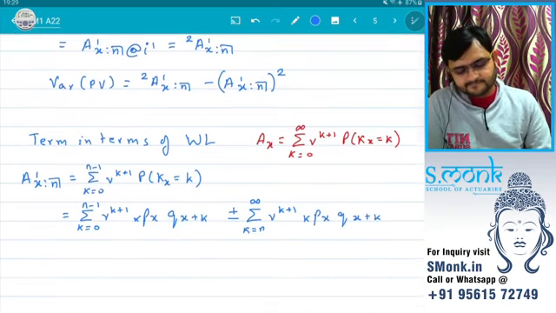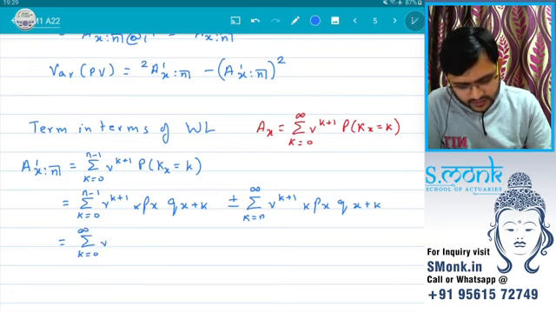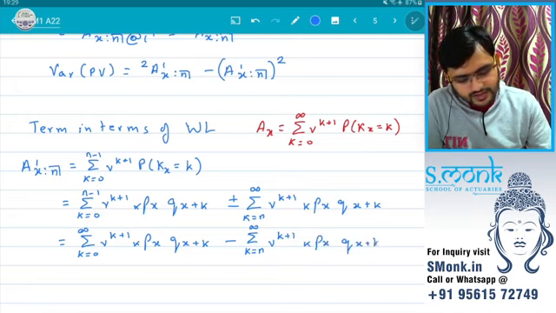Taking the addition, I get summation k equal to 0 to infinity, v raised to k plus 1, kpx qx plus k, and then I'm left with minus summation k going from n to infinity, v raised to k plus 1, kpx qx plus k.